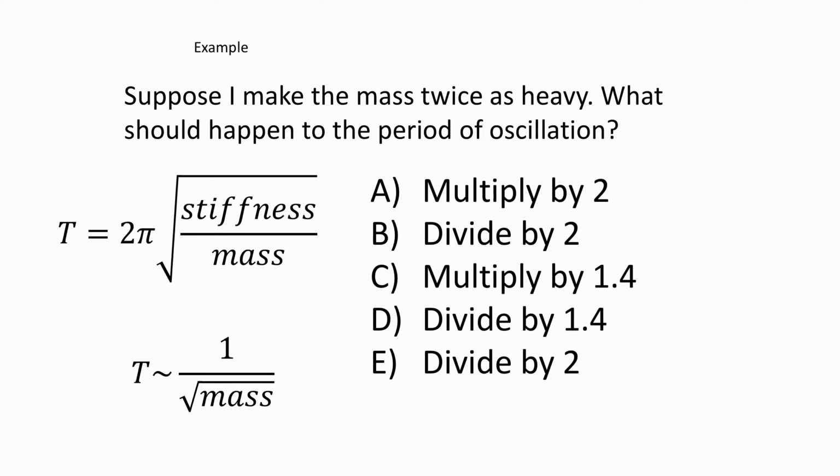And you can convince yourself by plugging in some realistic numbers and comparing them to each other. So for example, if you're not sure what to do, plug in the stiffness as 1 and the mass as 1 kilogram, for example, and plug in that whole thing and figure out what your period is, and then write down that number.